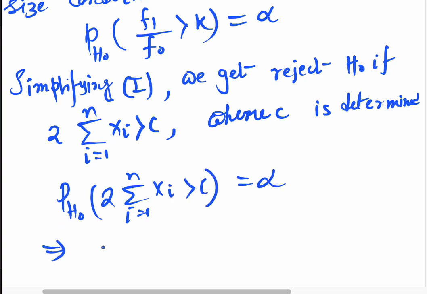This means c is equal to chi-square 2n alpha point.